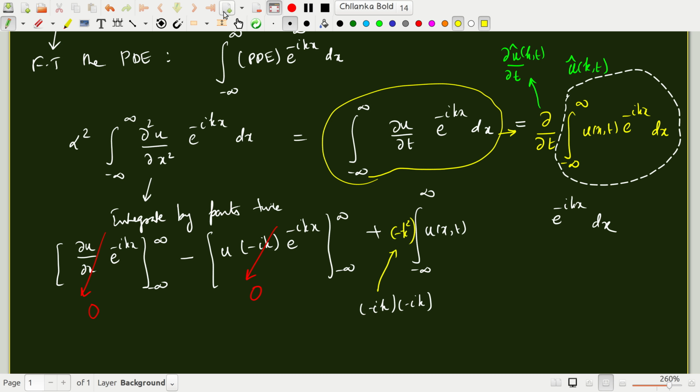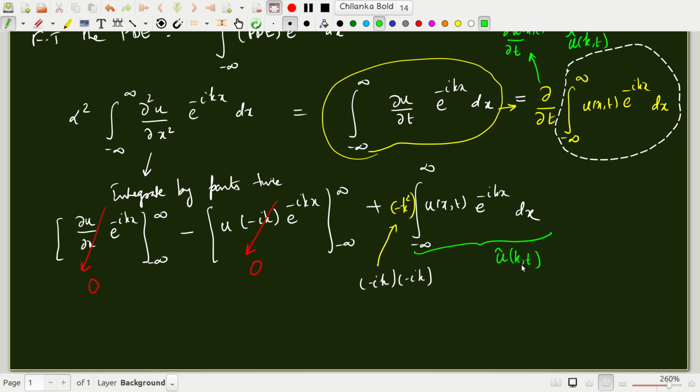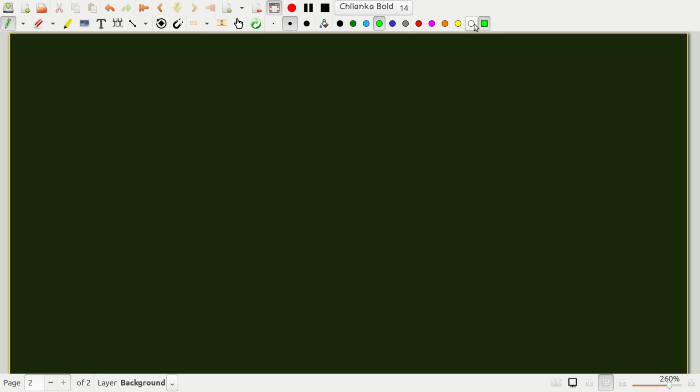I can pull this also here, and this entire thing is again u hat of k, t. So taking the Fourier transform of the entire PDE finally results in the following expression.